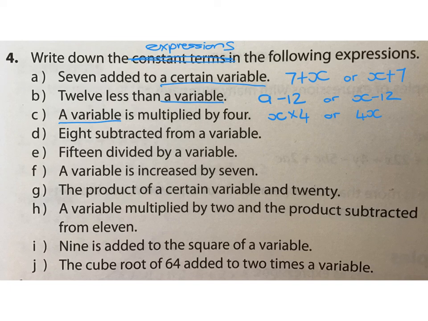That's baby language. 8 subtracted from a variable means I take the variable and I then minus 8. You understand that you could have used any letter of the alphabet? Yes. Good, but make sure that you had your minus 8 second.